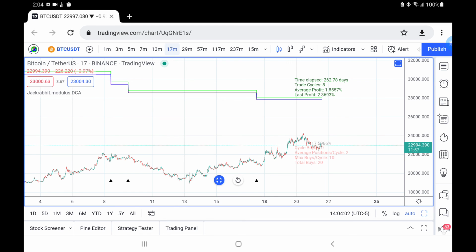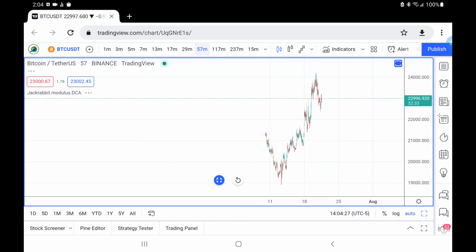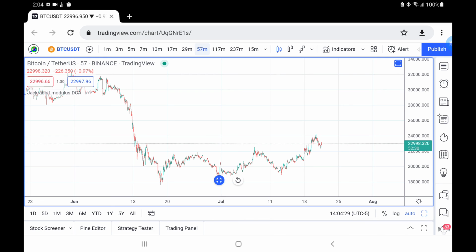So even when you look for unusual and strange markets, markets that normally wouldn't do well, this is doing well. And it is quite capable of sustaining larger positions. 57 minutes, almost 1 hour, 12 positions.